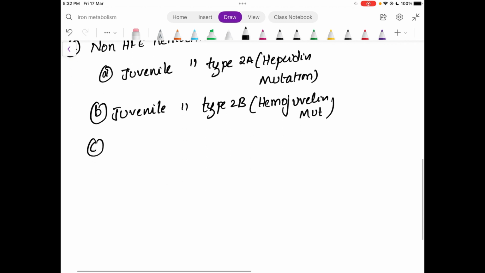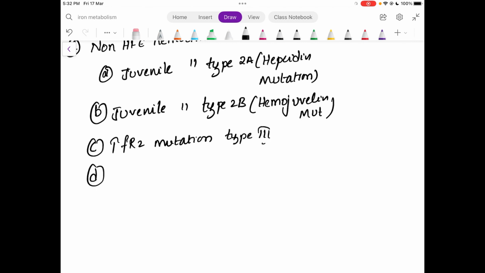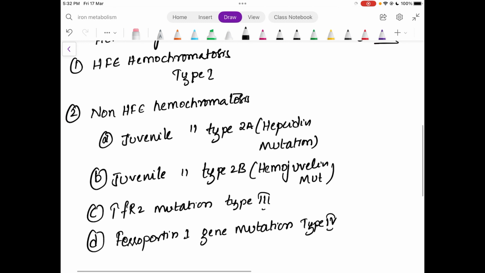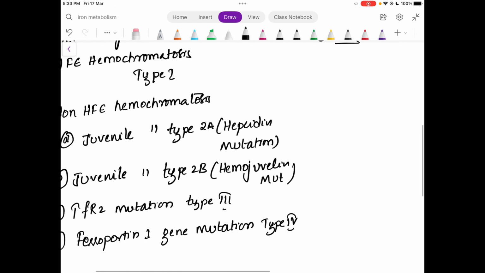Next one is transferrin receptor 2 mutation, which is type 3, and there is ferroportin 1 gene mutation, which is type 4. So this hereditary hemochromatosis is divided into HFE and non-HFE. In non-HFE, we have 4 types.